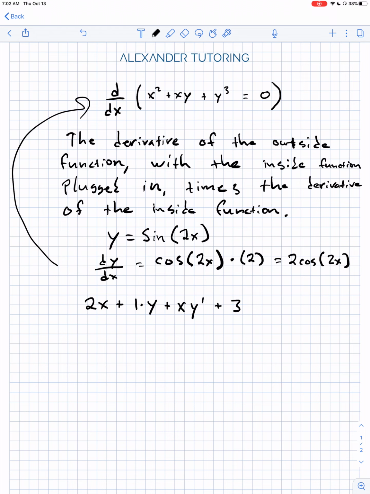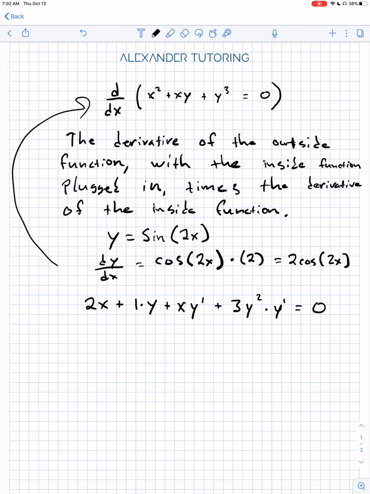The 3 comes down, we leave the inside function plugged in, which in this case is y, and the power rule says we subtract 1 from the exponent. Times the derivative of the inside function. Again, we're calling y the inside function, and we don't know what its derivative is, so we just call it y prime. That's the derivative of the inside function. The derivative of 0 is 0. And then we have this.